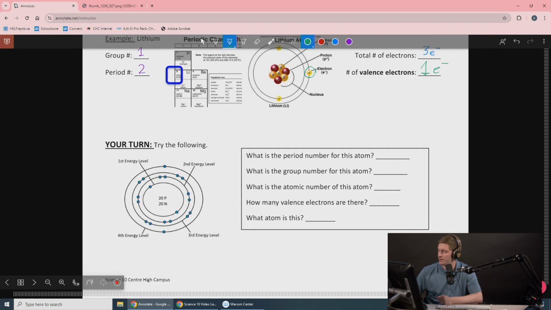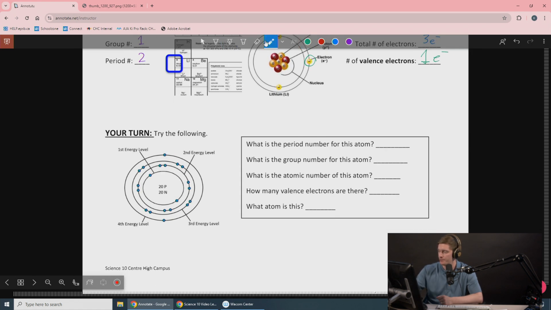If we take a look here at this atom, we can try and figure out some information about it. First question asks, what's the period number for this atom? In order to answer that question, you can ask yourself, how many energy levels are there?